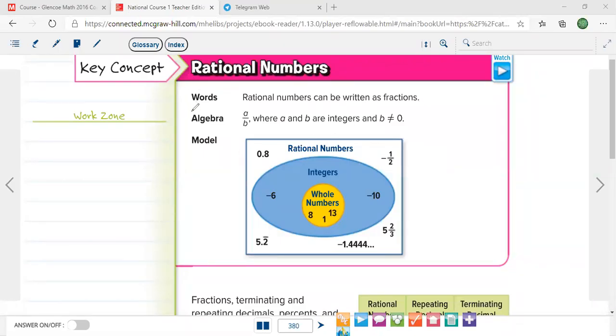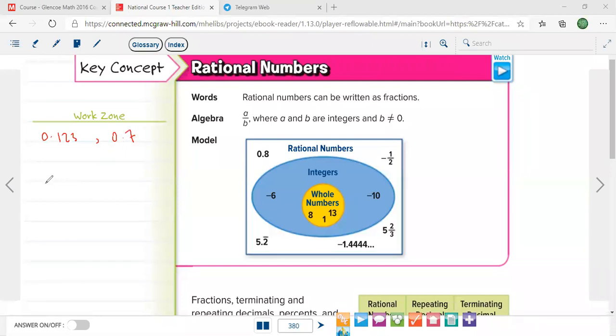This is chapter 5, lesson number 4, repeating and terminating decimals. Terminating means the decimal has an end, like 0.123, for example, or 0.7.